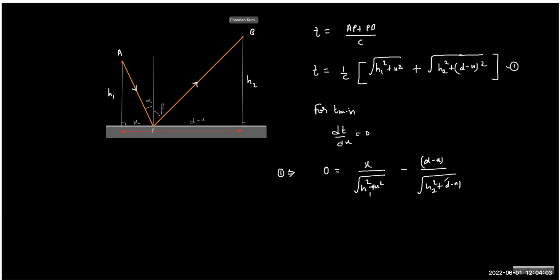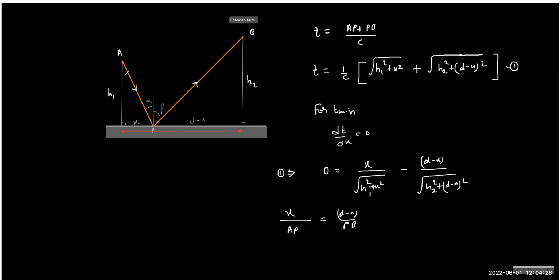I have used the chain rule and cancelled the 2, and the minus comes. So if you equate to 0, you can see clearly that x upon the hypotenuse, x upon AP, equals d minus x upon PB.